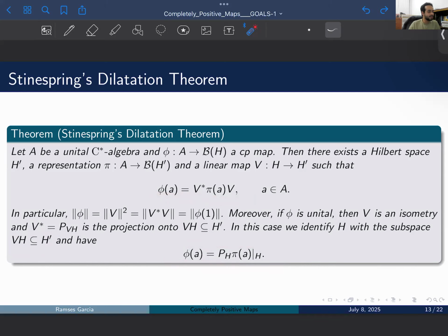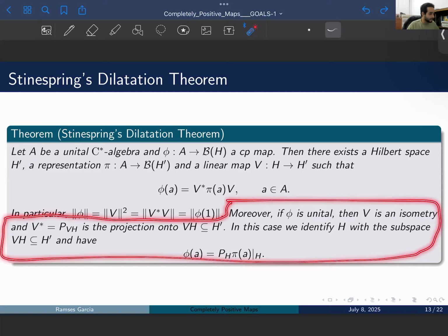This is a very important theorem because it tells you the general structure of completely positive maps. As I said at the beginning, there are very few star homomorphisms, but all completely positive maps are compressions of star homomorphisms. And we usually think that this new Hilbert space H prime is bigger, because of this case when phi is unital.